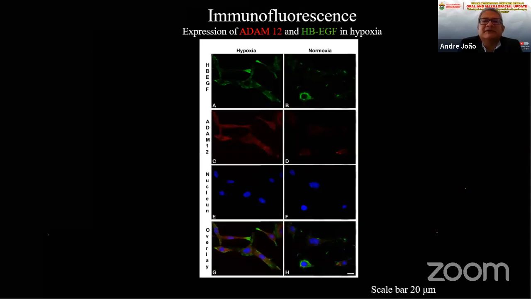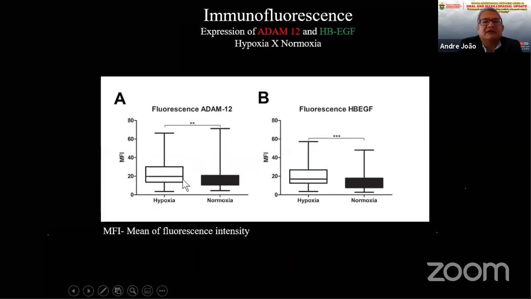And here we have the expression of ADAM12 and HB-EGF. In green, HB-EGF, and in red, ADAM12. We can see a higher expression of HB-EGF and ADAM12 in hypoxia conditions. The graph showed more fluorescence intensity of ADAM12 and of HB-EGF in hypoxia condition when we compare with normoxia condition.